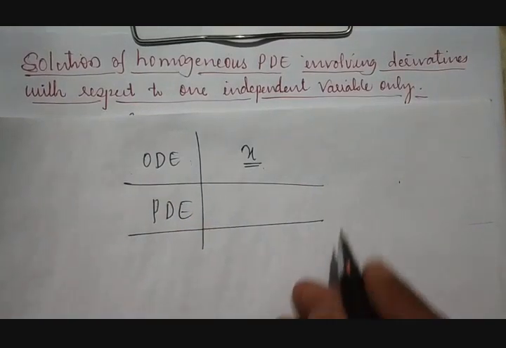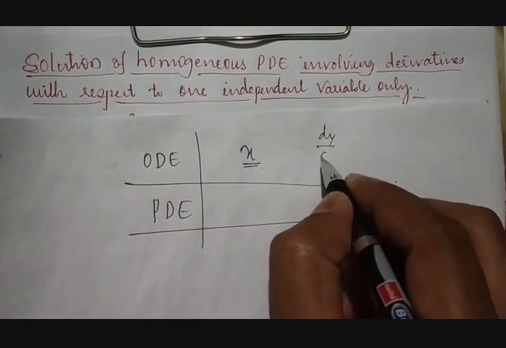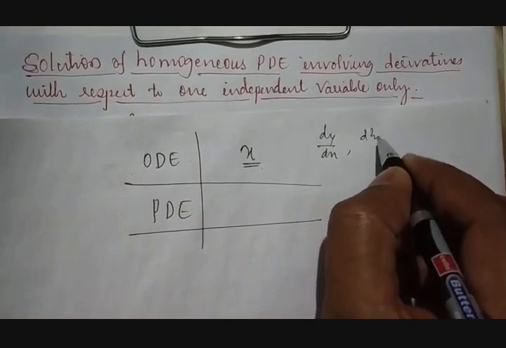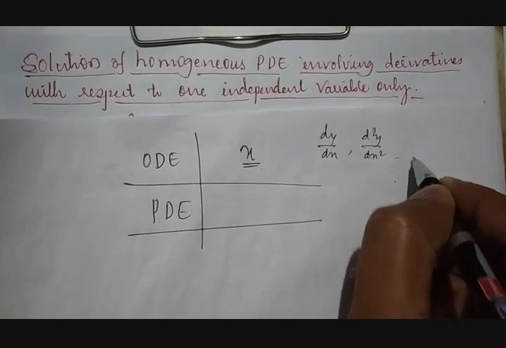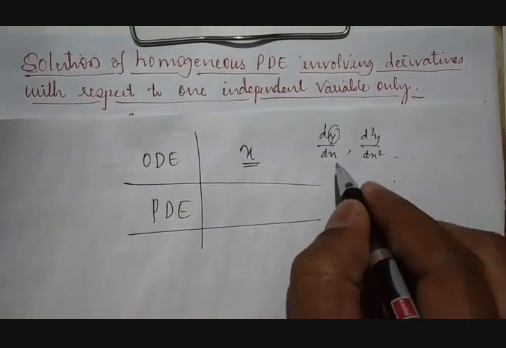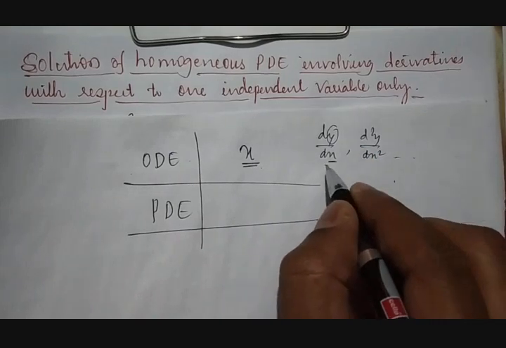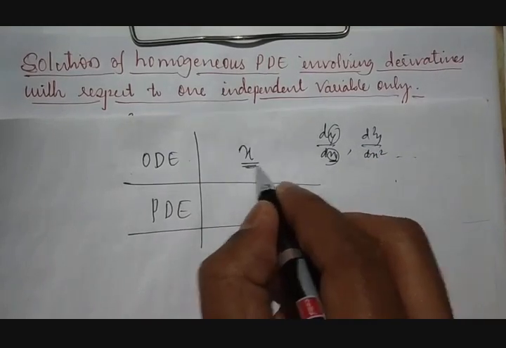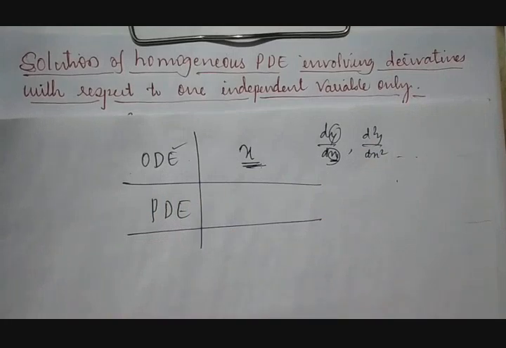For example, we can take dy by dx or d square y by dx square. Here we can see y will be a function of x, meaning only one variable will be available in an ordinary differential equation. Then what is the meaning of a partial differential equation?